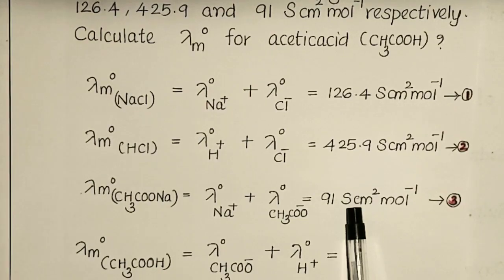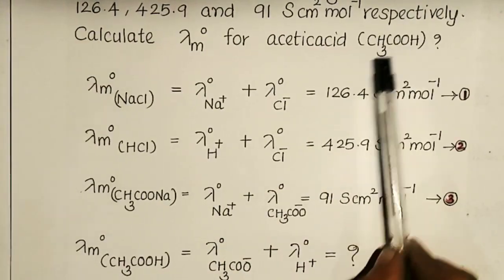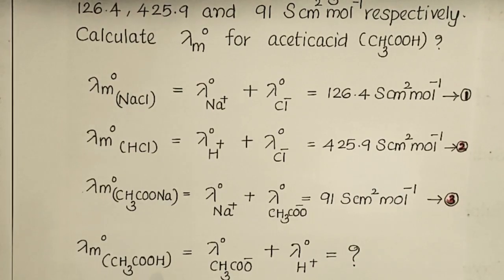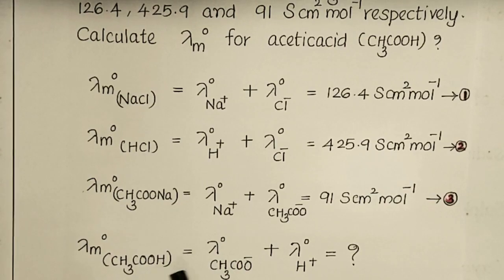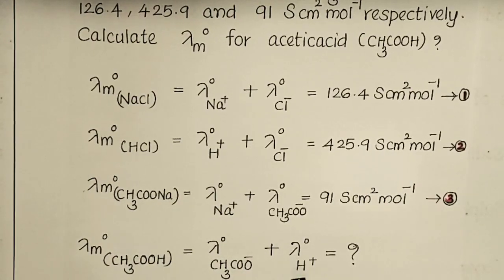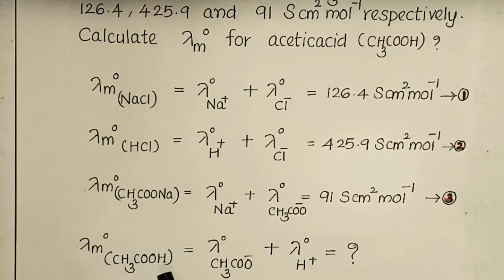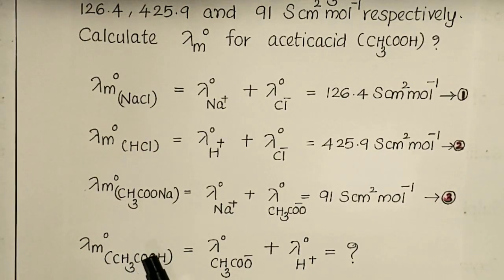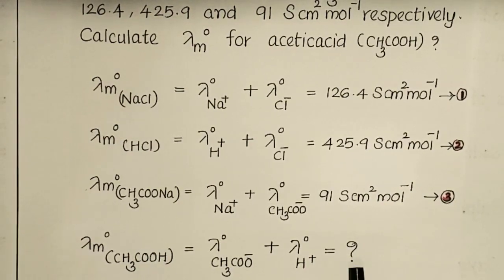Then our question is lambda m0 for acetic acid. Lambda m0 for acetic acid we can write as lambda 0 of acetate ion plus lambda 0 of H+ ion, because the ions present in acetic acid are CH3COO- and H+. So this we don't know.